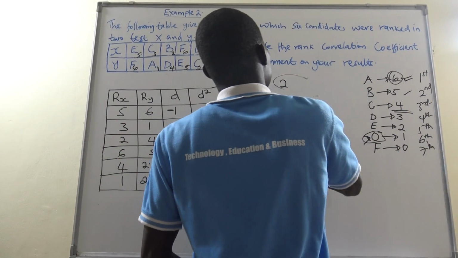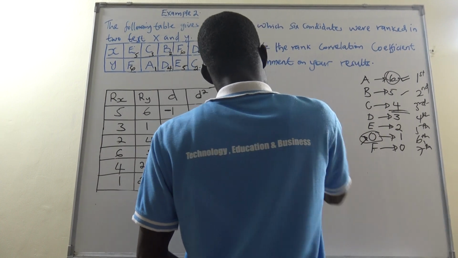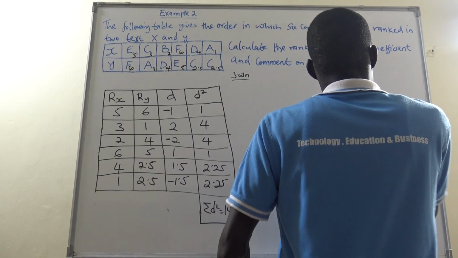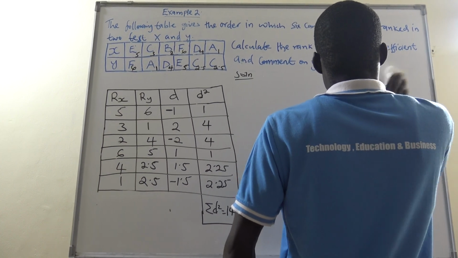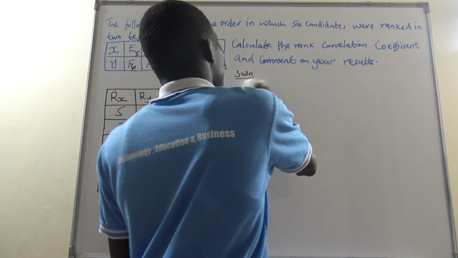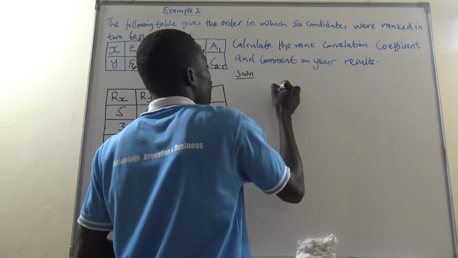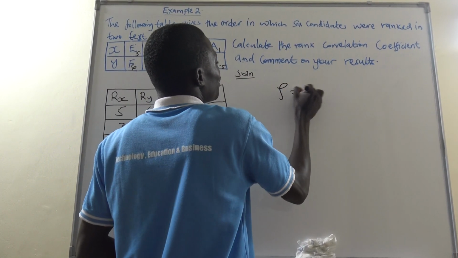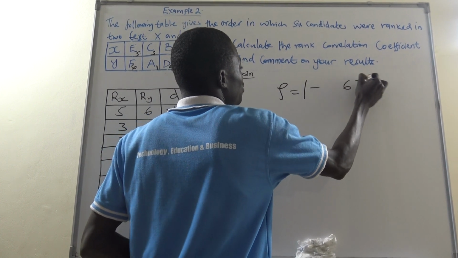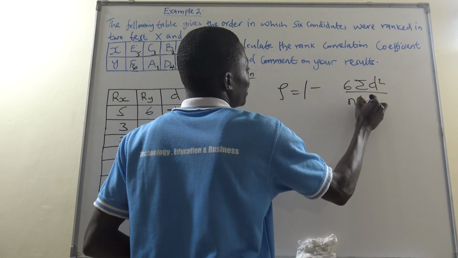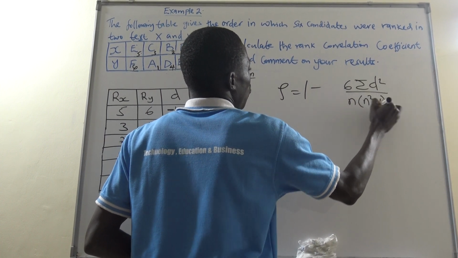Then we go ahead to look for the answer which they have asked us in the question. That is the rank correlation coefficient. For that, we shall use Spearman's method. Spearman's formula is given by 1 minus 6 summation of d squared over n into n squared minus 1.